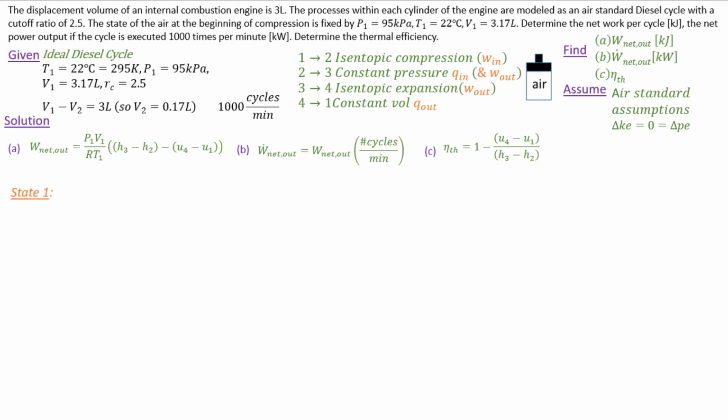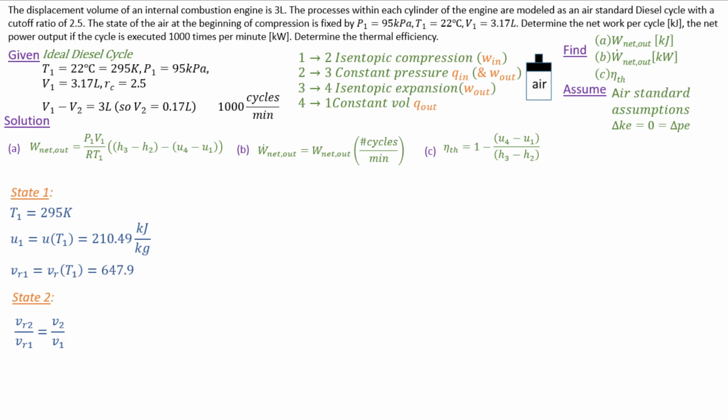So at state 1, I know the temperature, it's 295 Kelvin or 22 degrees Celsius. So I can pull off the u value on my ideal air tables. Now let's go to state 2. Between state 1 and state 2 is an isentropic compression process, so I can apply an isentropic relationship for an ideal gas. And vr1, I can pull off of the table at 295 Kelvin.